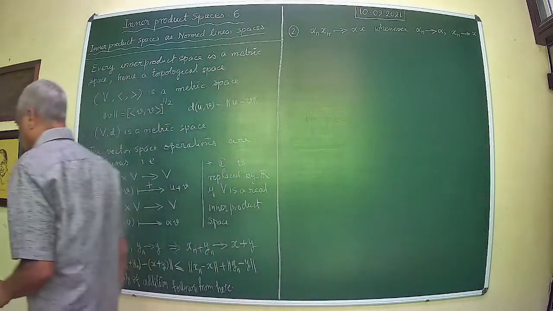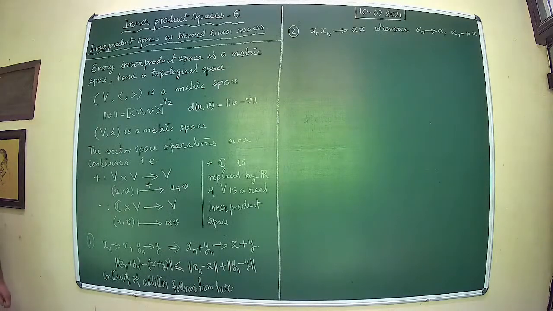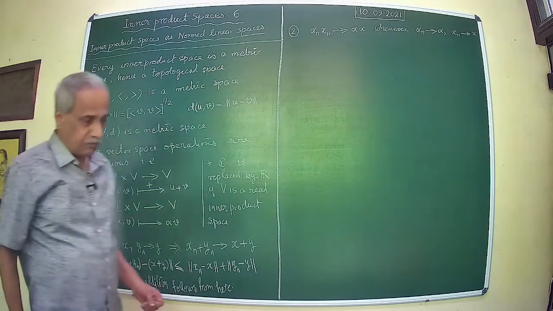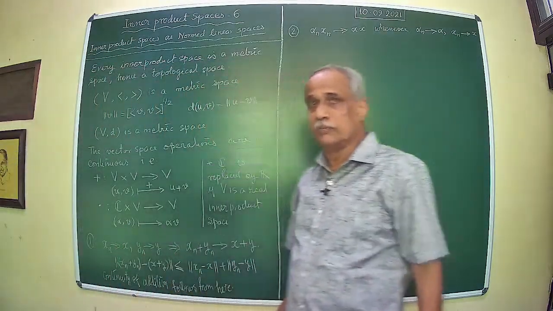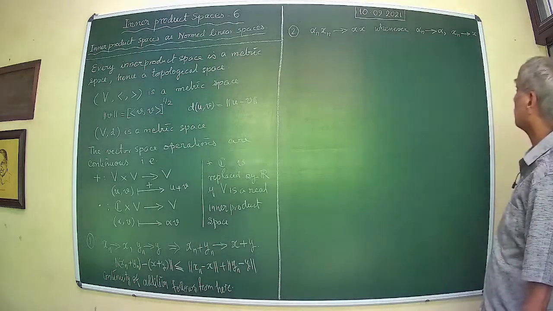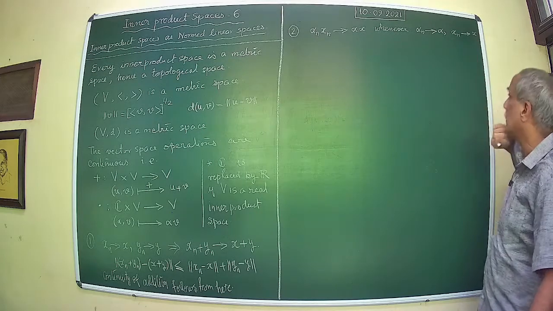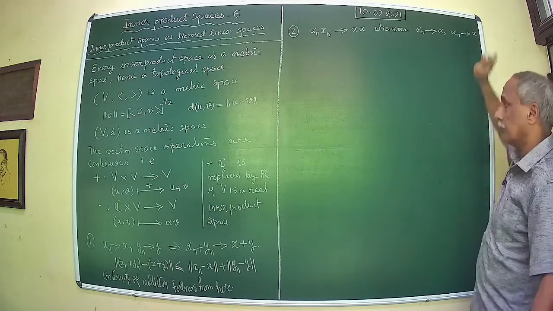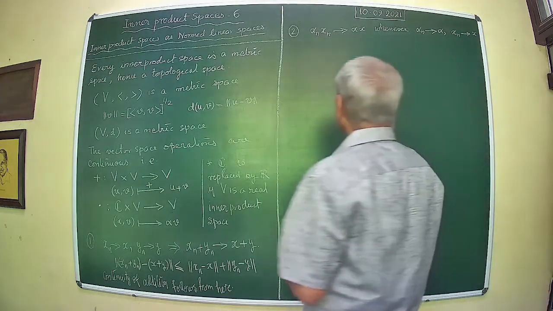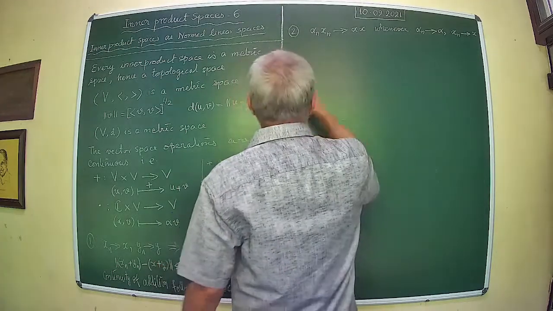The distance between two complex numbers is the absolute value of the difference between these two numbers. And here, of course, whatever be the metric induced by the inner product. Okay. And that's also again easy to see from this inequality.